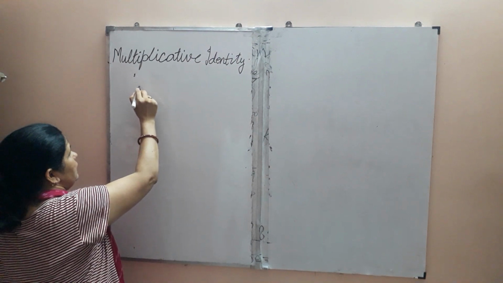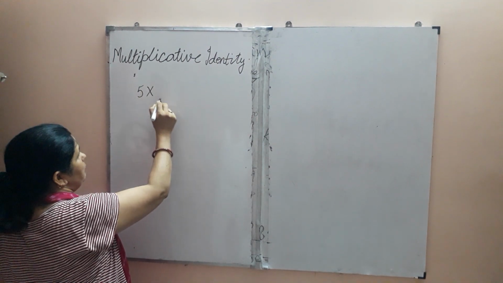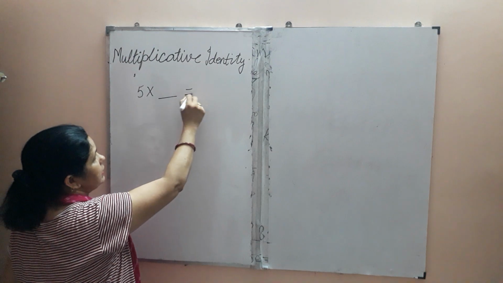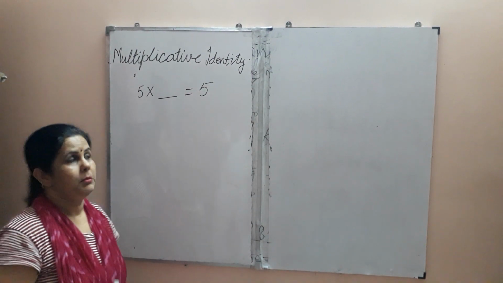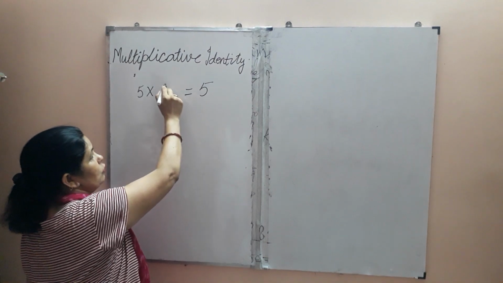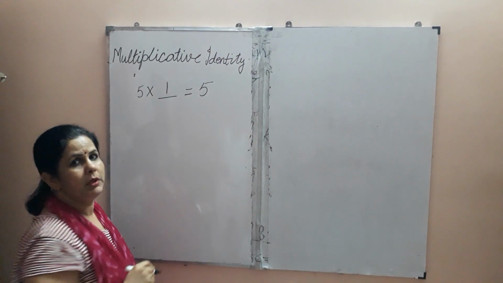For example, 5: by which number will we multiply it so that its identity doesn't change, meaning the number remains the same? So what can be that number? That will be 1.